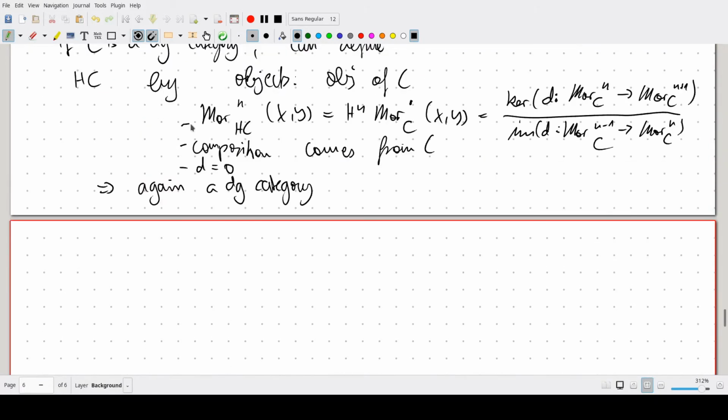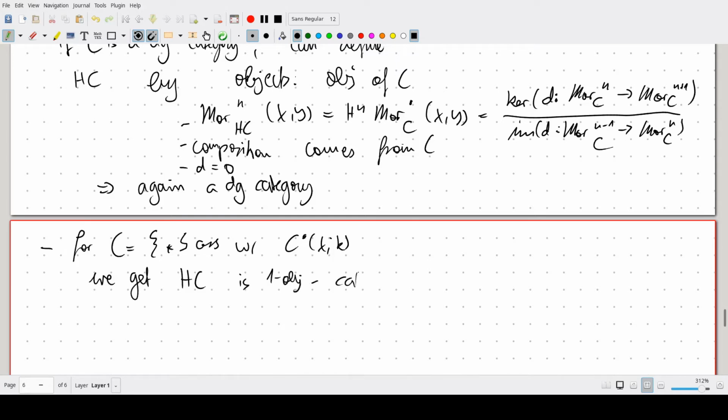And now, two important applications of this cohomology category. If we take C to be the DG algebra that is the singular cochain complex, so for C being the one object category associated with the singular cochain complex, we get HC, well, is again the one object category associated with a graded ring called the cohomology ring.